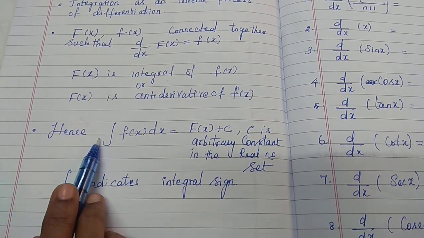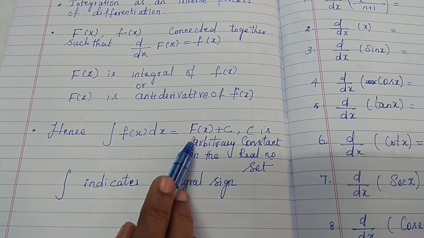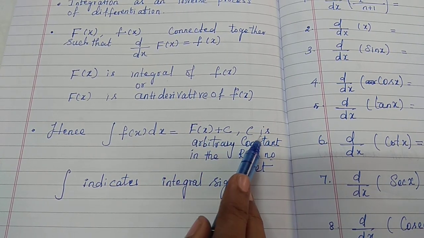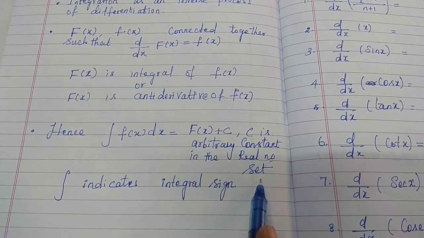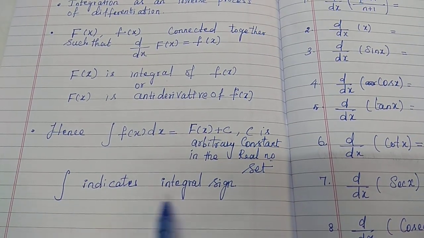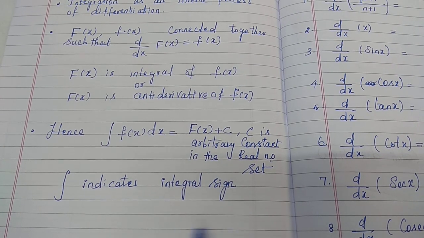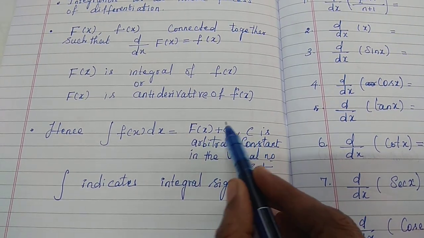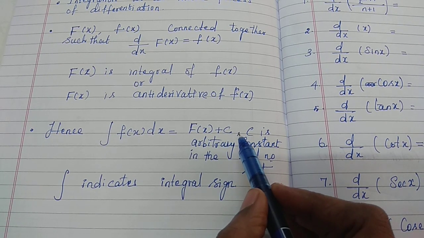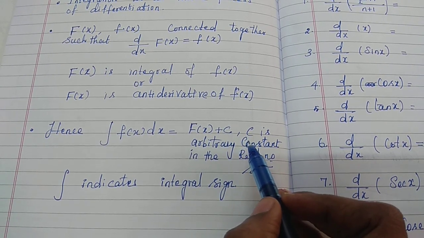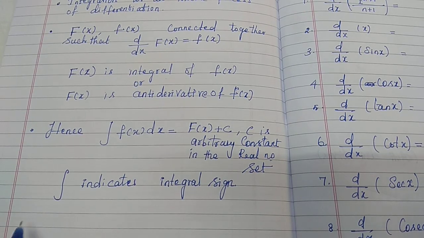Hence, integral f of x dx is equal to capital F of x plus c, where c is an arbitrary constant in the real number set. By varying the constant c, we get different antiderivatives of a given function f of x.